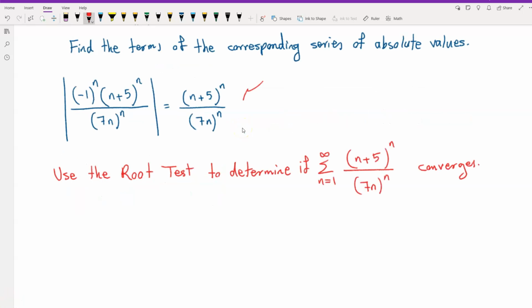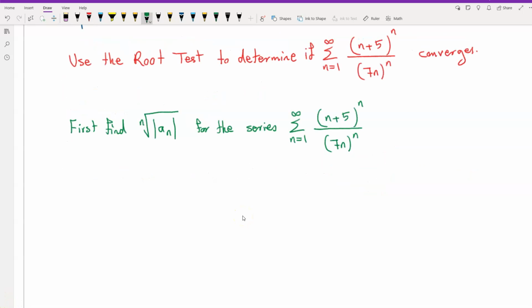So here, for the numerator and denominator, we have power n. Because of that, I'm going to use the root test. So use the root test to determine if the series converges. First find the nth root of the absolute value of a_n for the series (n+5)^n over 7 times n^n, n from 1 to infinity. So a_n is what we have here.